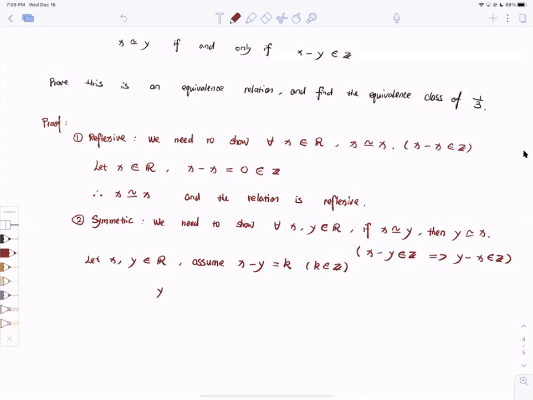So y minus x equals the negative of x minus y, which equals negative k, which is an integer, since k is an integer.